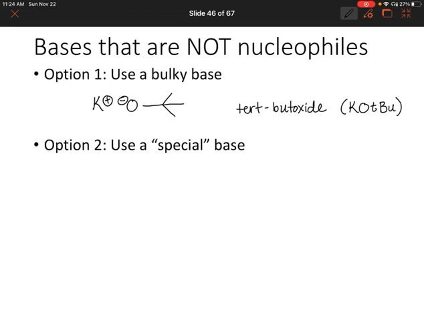Again, if you have something that's really bulky but has a negative charge, that's going to act as a base, but it's not going to act as a nucleophile. So that tert butoxide will take a proton, but it won't do nucleophilic attack. So then that would favor an elimination reaction.